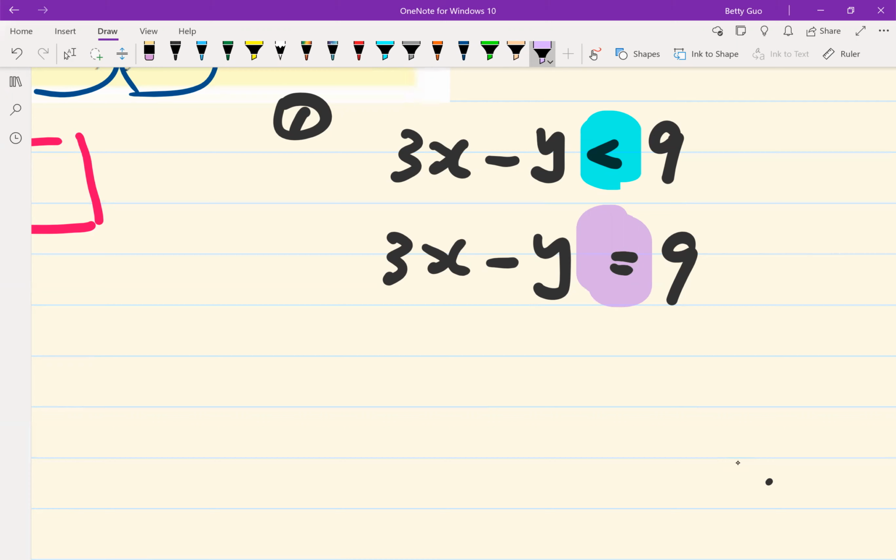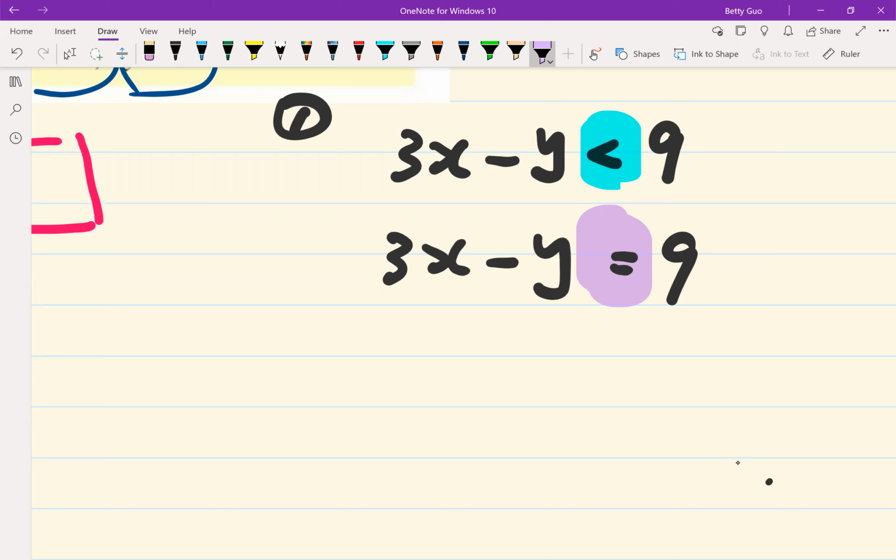So simply remove the inequality symbol and replace it with an equal sign. If you have a straight line, then the original inequality is a linear inequality in two variables. Yeah, that is my trick to identify a linear inequality in two variables.